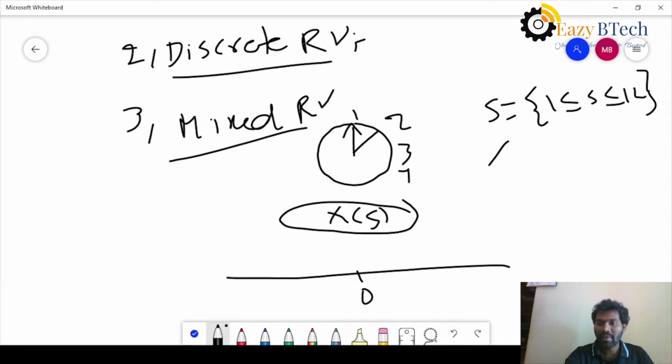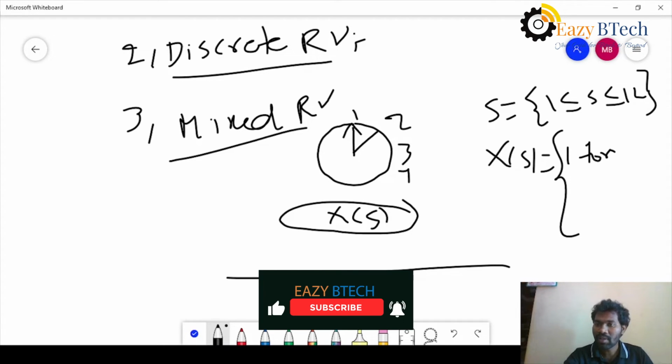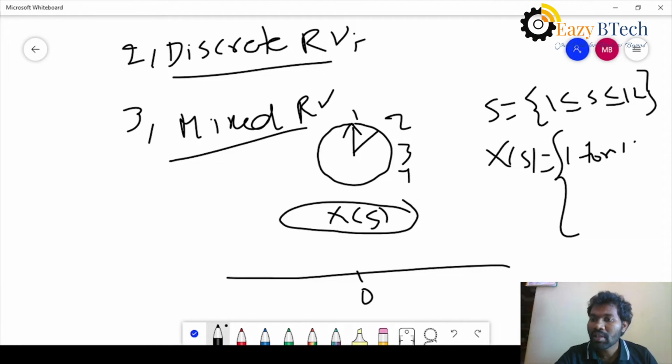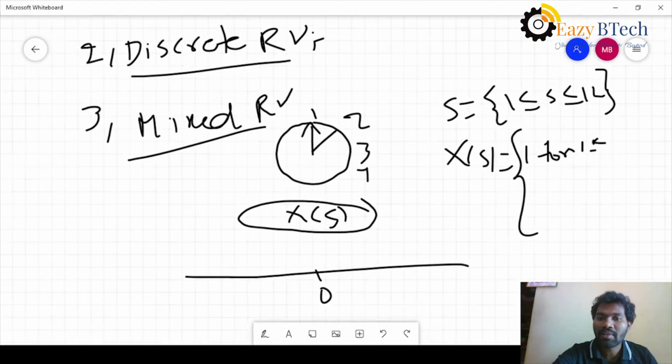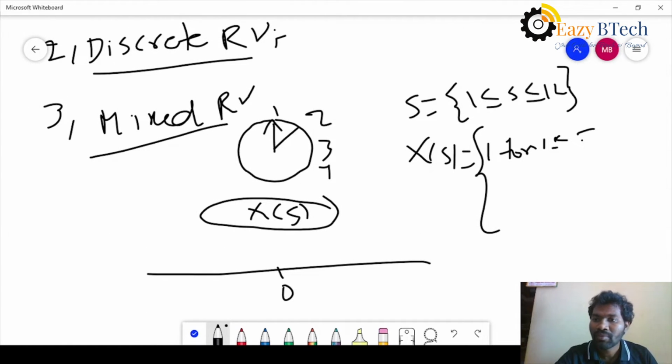And I will define X of s like this. X of s equal to 1 if 1 less than or equal to s less than or equal to 6. That means if your sample space value is between 1 and 6, the value is directly 1.